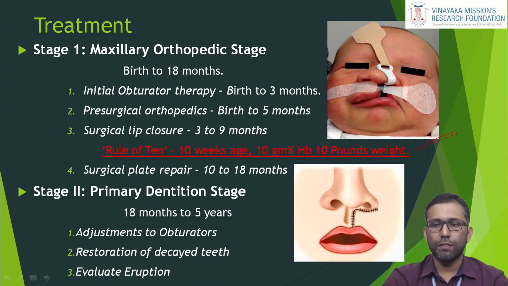For example, in this case, you will see that the steri-strip is attached to the tissues and they are trying to approximate them, and the correction of the nasal tissue is also achieved, so that when a plastic surgeon or an oral and maxillofacial surgeon does the tissue correction and the palatal correction, there will be less chance of failure or scar formation.